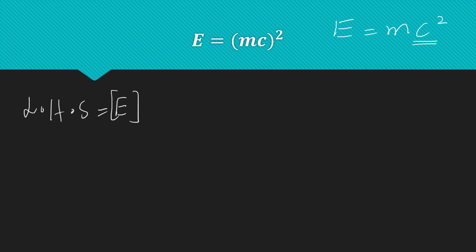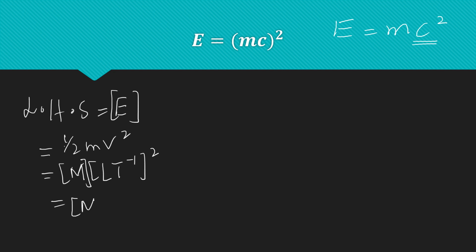If you know the dimension of energy, you can directly write it, or otherwise you can derive it by using the formula half m v square. And half is a number, a dimensionless constant, so it will not affect the equation. So the dimension of mass is M, and L T minus 1 whole square, so if I write it, M L square T minus 2. So this is the dimension on the left hand side.